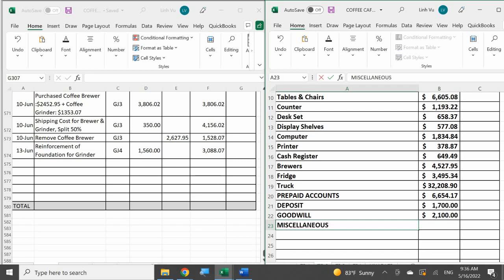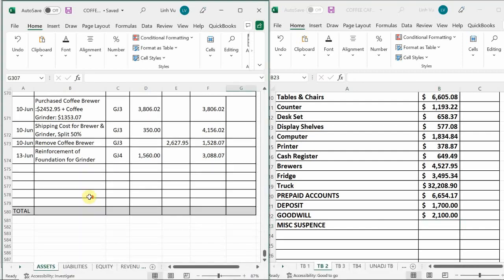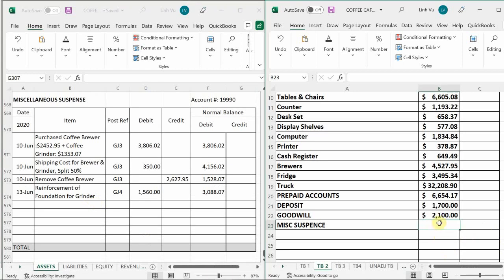What is my account balance in my miscellaneous suspense account?